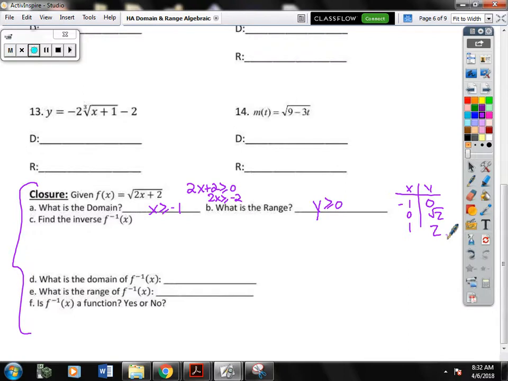Who remembers how to find the inverse of a function? Caleb? Good, you switch around your variables. So normally it's x and y, but you can switch around the f of x if you want. Some students like to change that to a y just to make it a little easier. So we'd have x equals the square root of 2y plus 2. Switch your variables and then solve for y. What would I do first to solve for y? Square it.